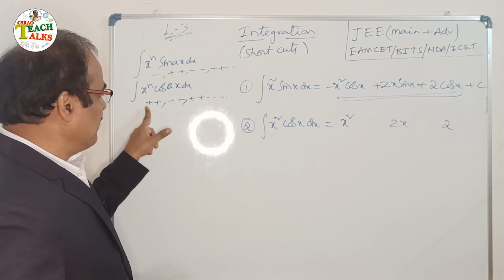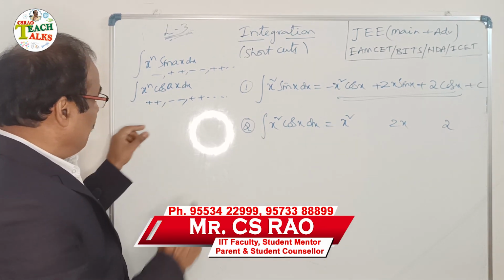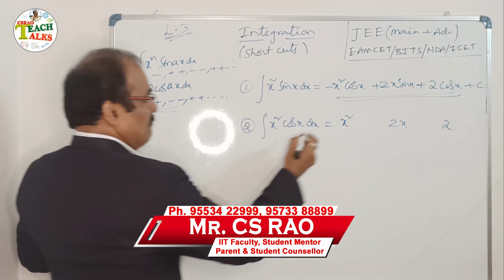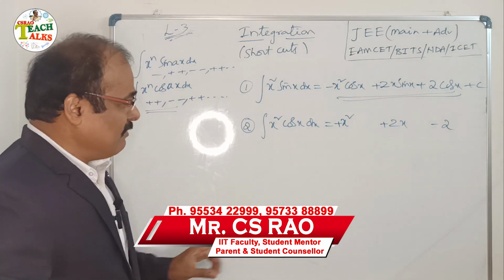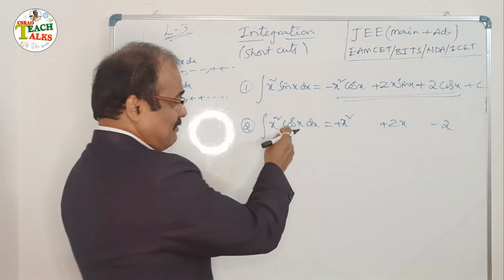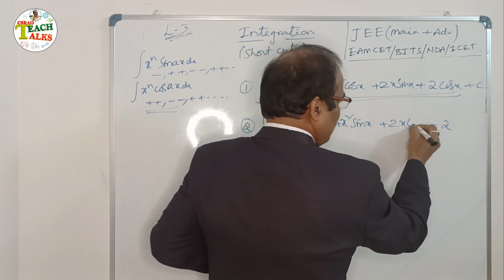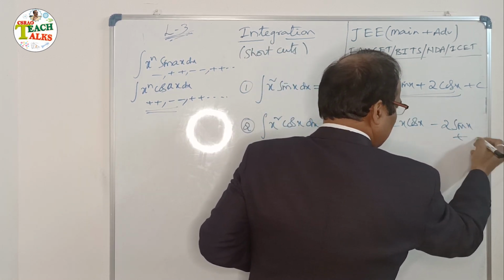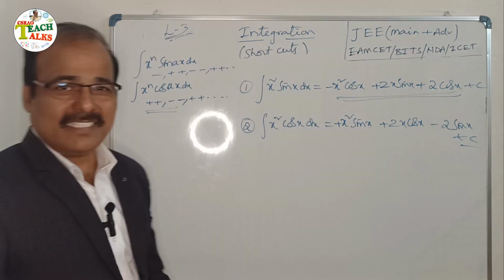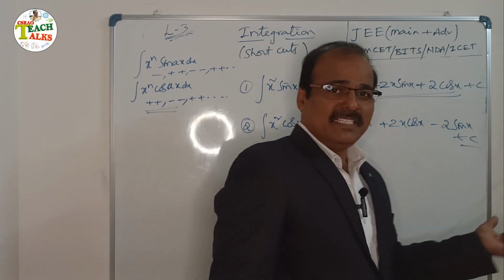Here plus, minus, three terms are there, right? The first three signs: plus, minus, plus. Clear? And one more, it is very easy to write: cos becomes sin, sin becomes cos, and cos becomes sin, and it is finished. Plus C is the constant of integration, you know that very well. This is the very easy method.